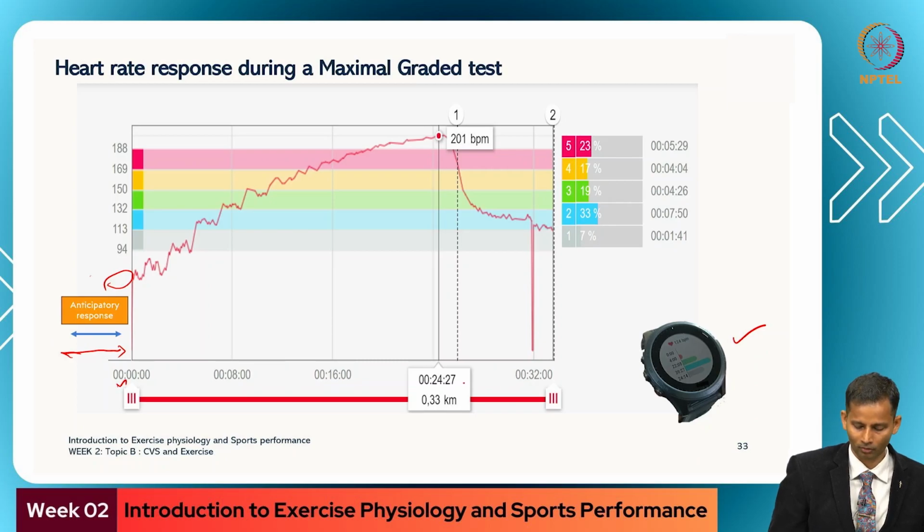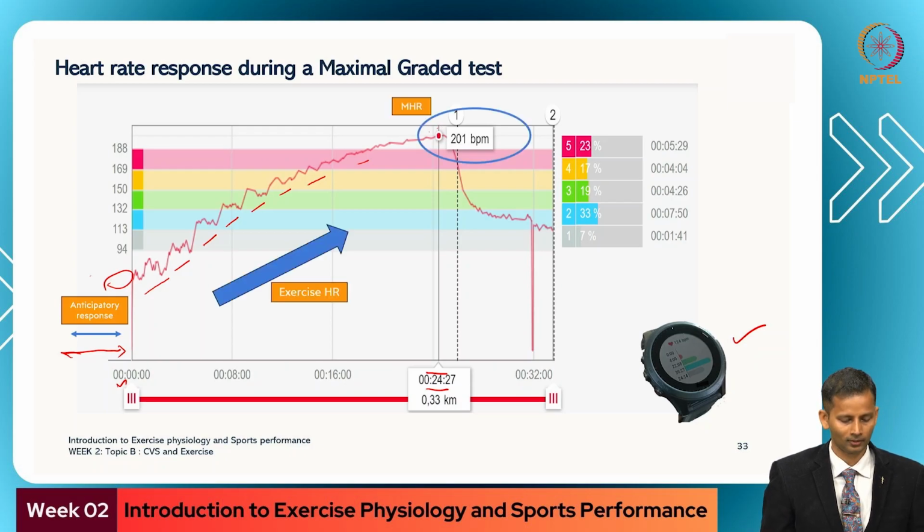Then from here onwards, when the activity increased over a period of 24 minutes, you will find that heart rate gradually increased with every increase in the grade. It reached a level wherein there was no further rise. That particular increase resulted in maximal heart rate. For this individual, it was 201 beats per minute, and he reached maximal heart rate.